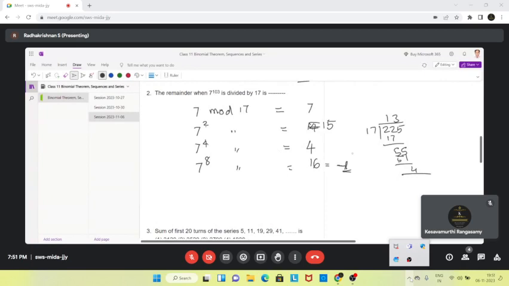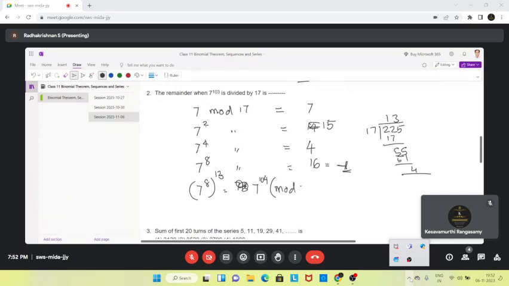So now once you get something like a -1, you can simply do 7 to the power of 8 whole to the power of 12, or for that matter 13. Okay, so that means 7 to the power of 104 we can do, whole mod 17.